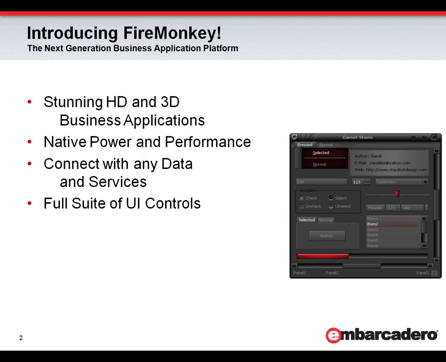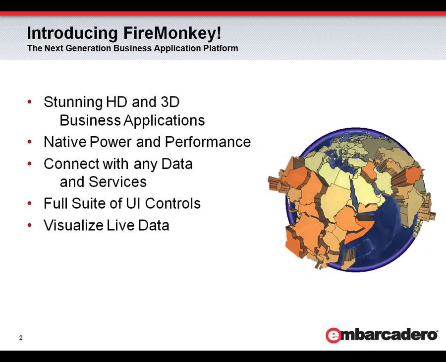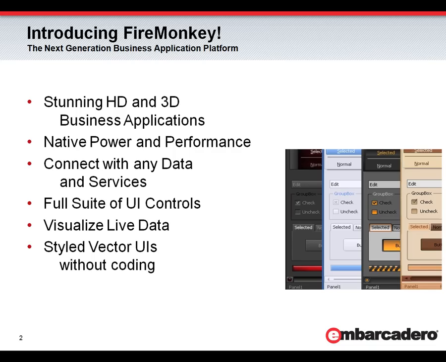Full suite of UI controls, all the controls that you've gotten used to are there in FireMonkey. Using live bindings, you can visualize your data in ways that you haven't been able to visualize them before. FireMonkey uses a styled vector UI without coding, so you can create your own custom styles, and everything is vector based.